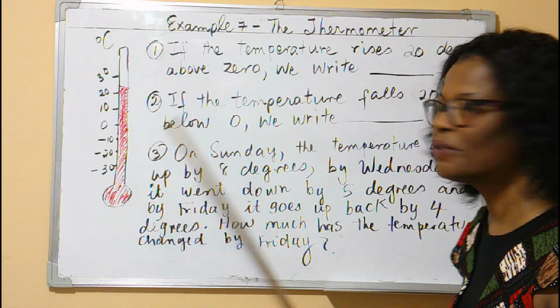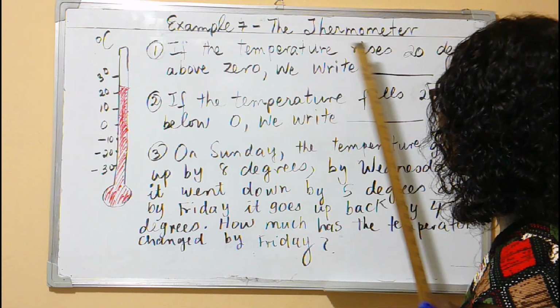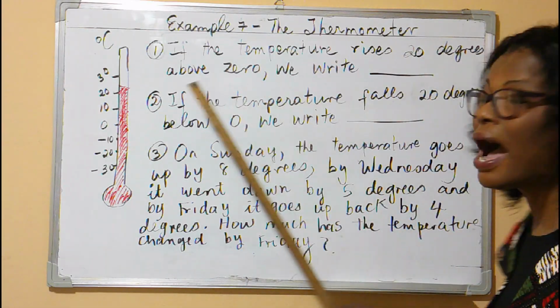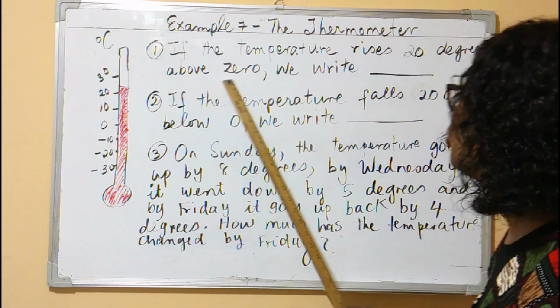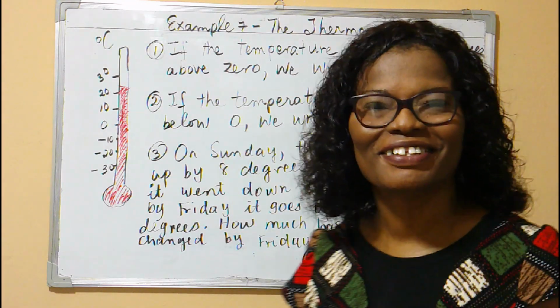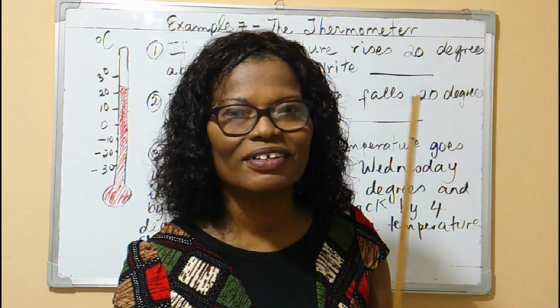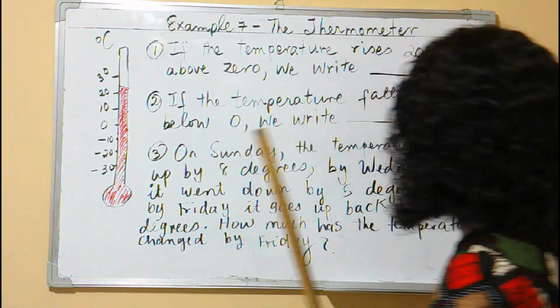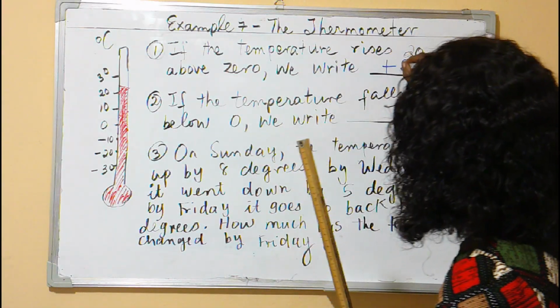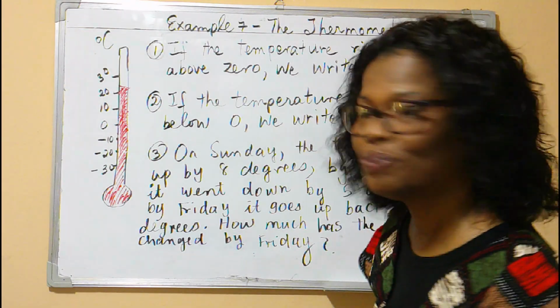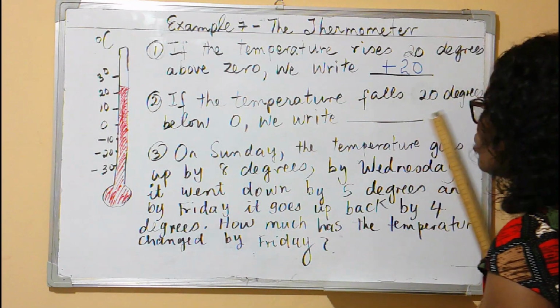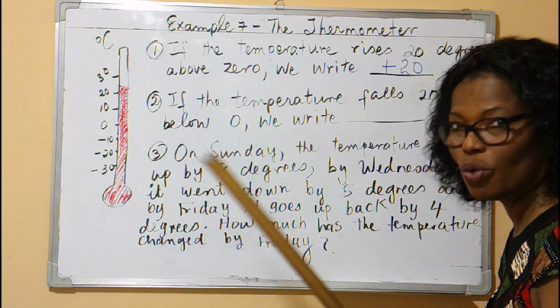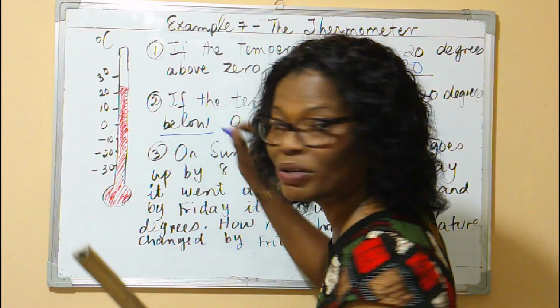Let's take number 1. If the temperature rises 20 degrees above 0, what do we write? What do you think we write? Oh yes, you said 20. Positive 20 is correct. Question 2. If the temperature falls 20 degrees below, now let me underline the operative word.